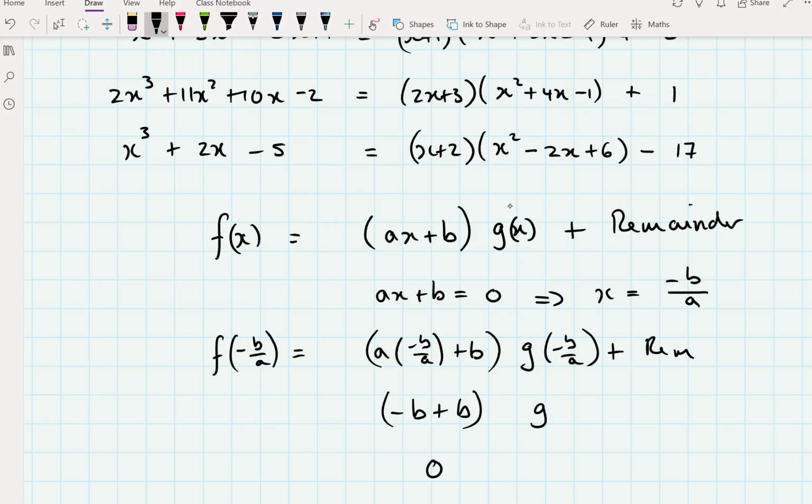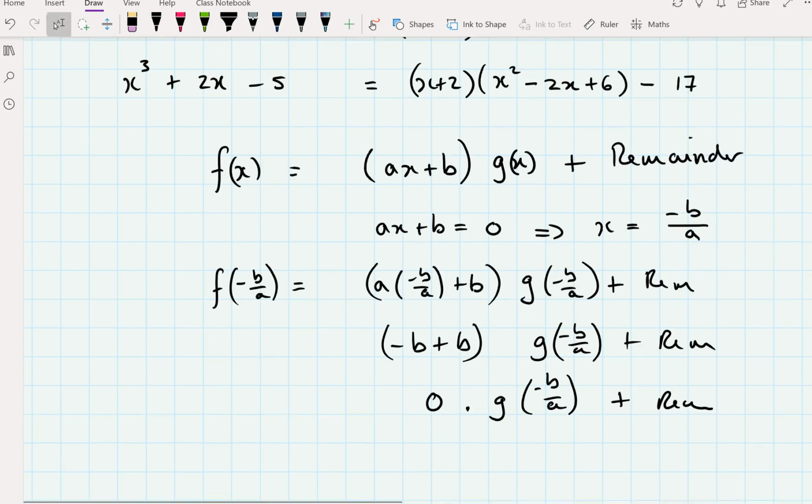I don't need to figure out what g of minus b over a is, because I'm going to have g being multiplied by nothing. And so f of minus b over a is equal to my remainder.